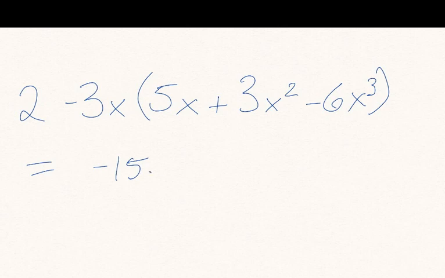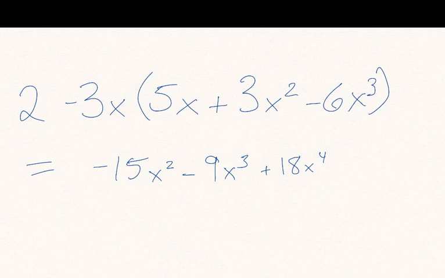Okay. And then negative 3x multiplied by 3x squared, which gives negative 9x cubed. And then positive 18x to the power 4.